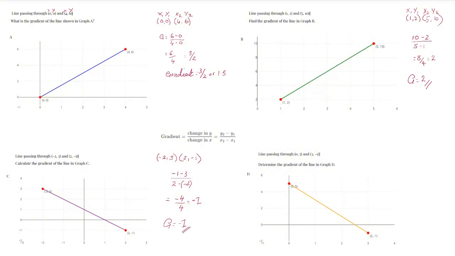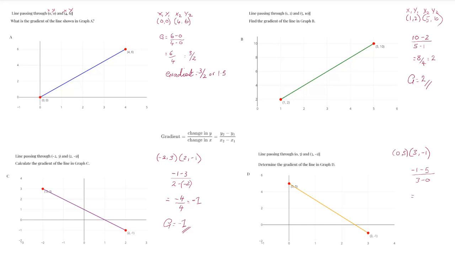It's just a number. And then finally, 0, 5. 3 and minus 1. So we're going to pop that into our formula. So y2. So we've got minus 1 minus 5 all over 3 minus 0, sorry.